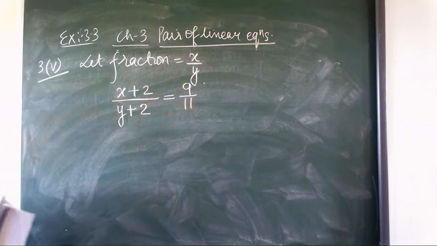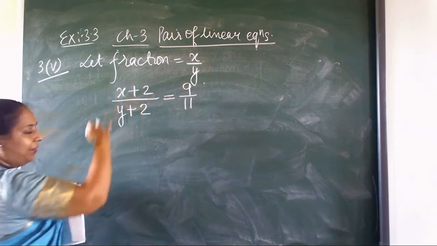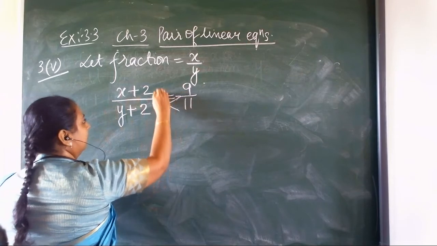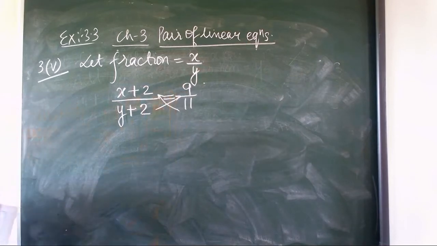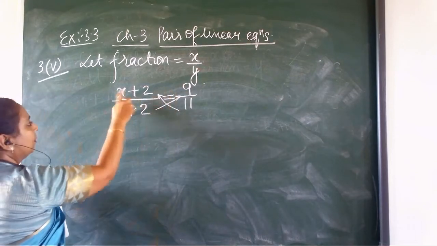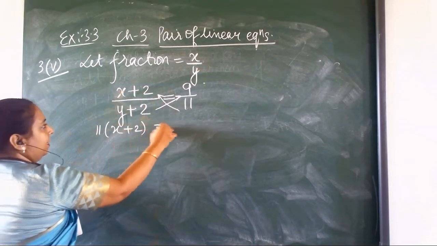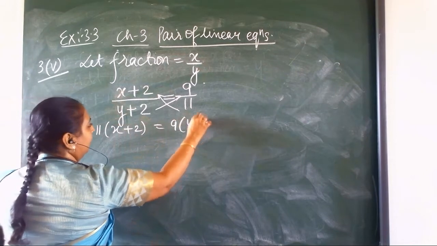Clear? Now solve. This is in the fraction form, so first we cross multiply and find the equation in the simplest form, standard form. So 11 is to be multiplied by x plus 2 and 9 is multiplied by y plus 2.